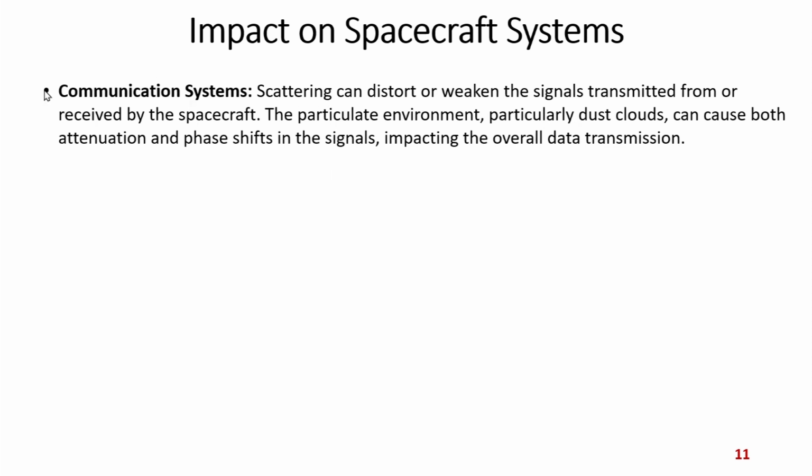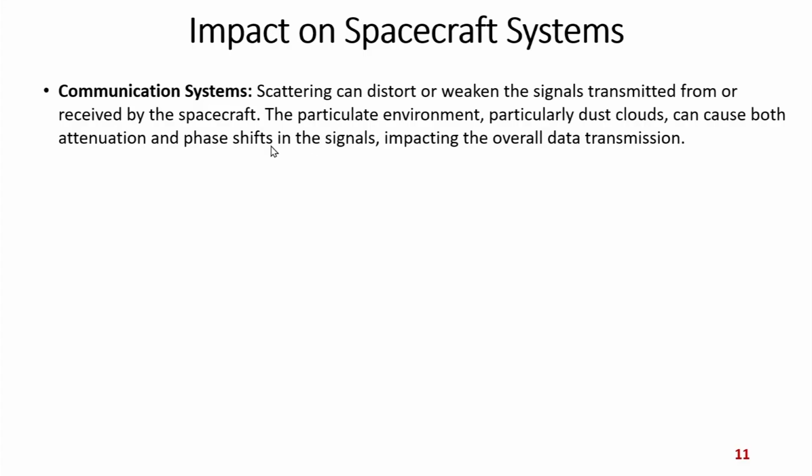First, communication payloads. The scattering can distort or weaken the signals transmitted from or received by the spacecraft, because every spacecraft, whether in Earth's orbit or in deep space, needs to communicate with the ground stations on the Earth.